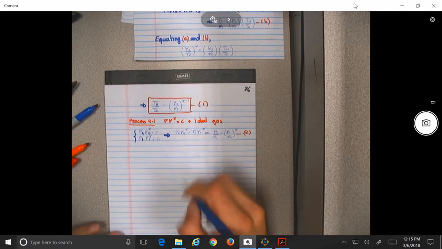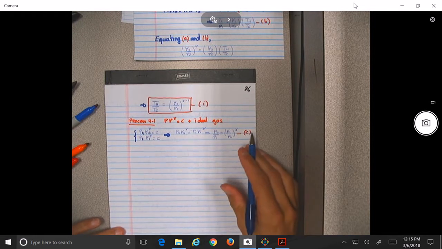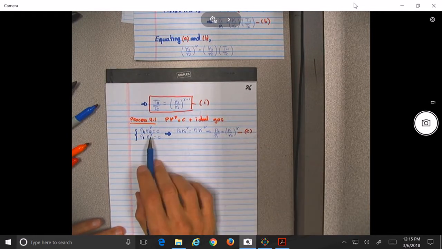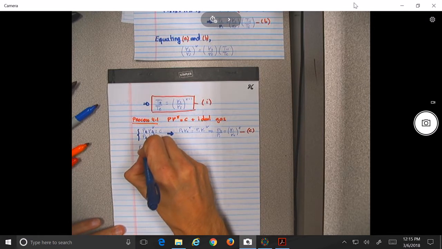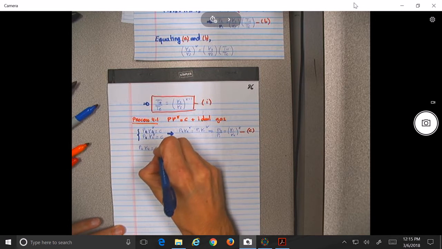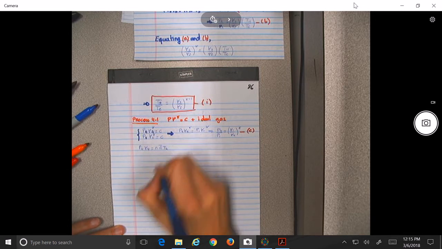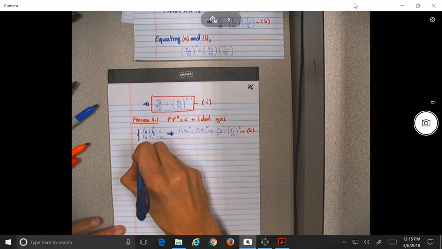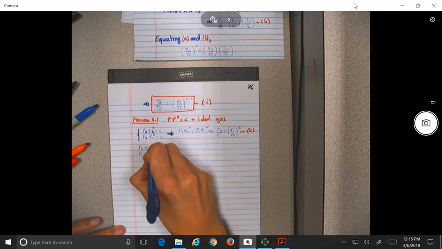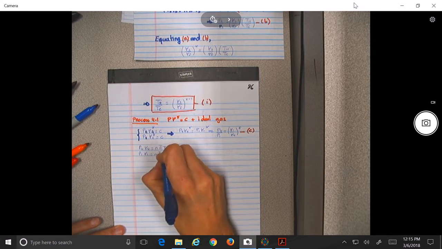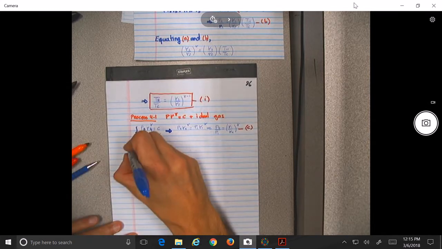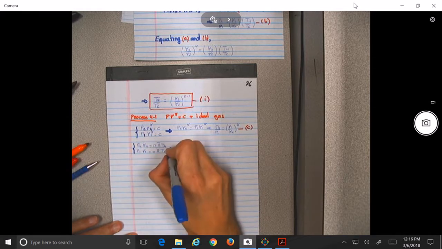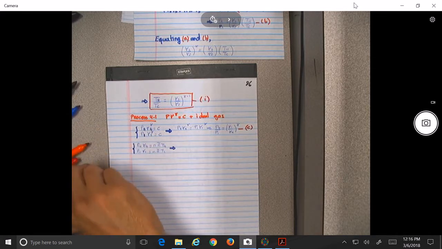And this will be our expression. By now, you kind of follow the process. So this is a polytropic. Next, we're going to do the ideal gas law, which is P4 V4 equal to NR T4, and P1 V1 equal to NR T1. Maybe here I can skip one step.